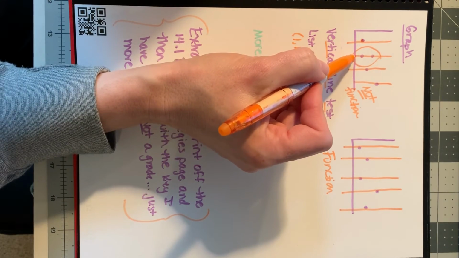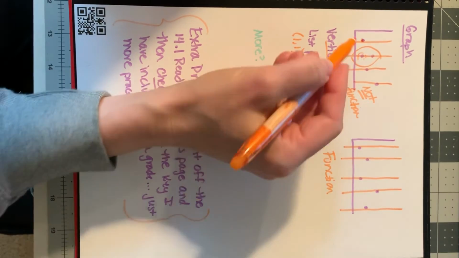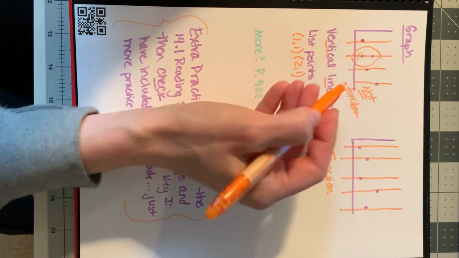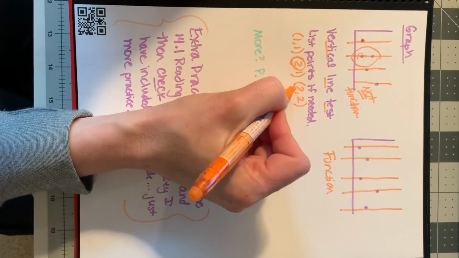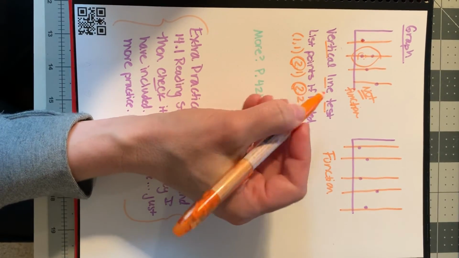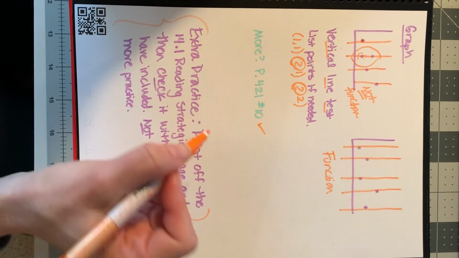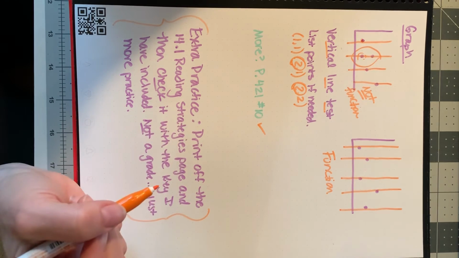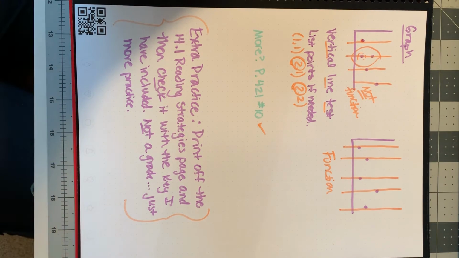Let's say the coordinate of this point right here would be 2, 1. The coordinate of the point above it would be, for instance, 2, 2. Well, you can automatically see an x is listed more than once, so it's not a function. And again, if you want some more examples of this, open up your book to page 421 and look at number 10.